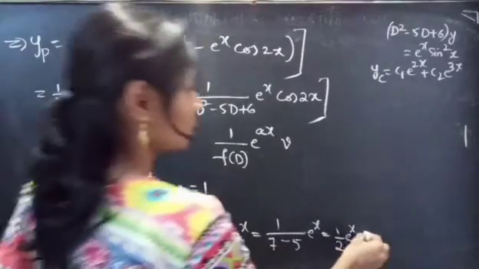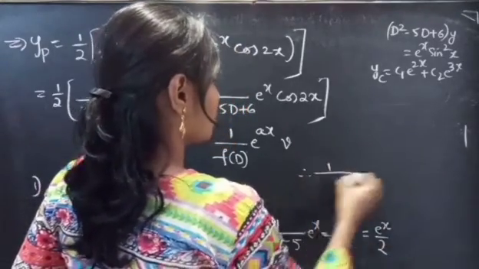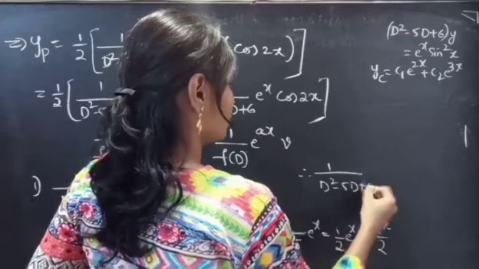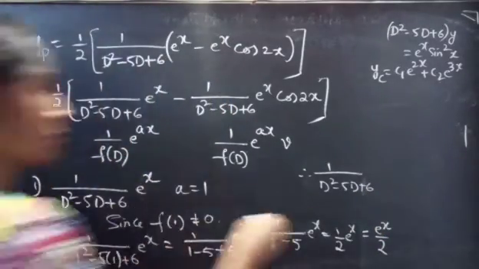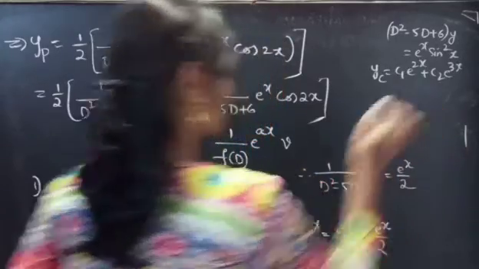Or we can write 1/2 into e^x as e^x/2. Therefore, 1/f(D) into e^x equals e^x/2.